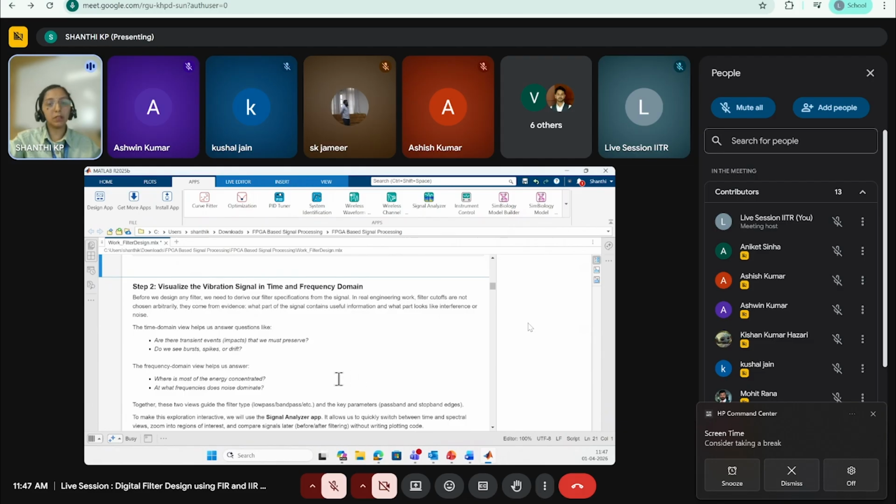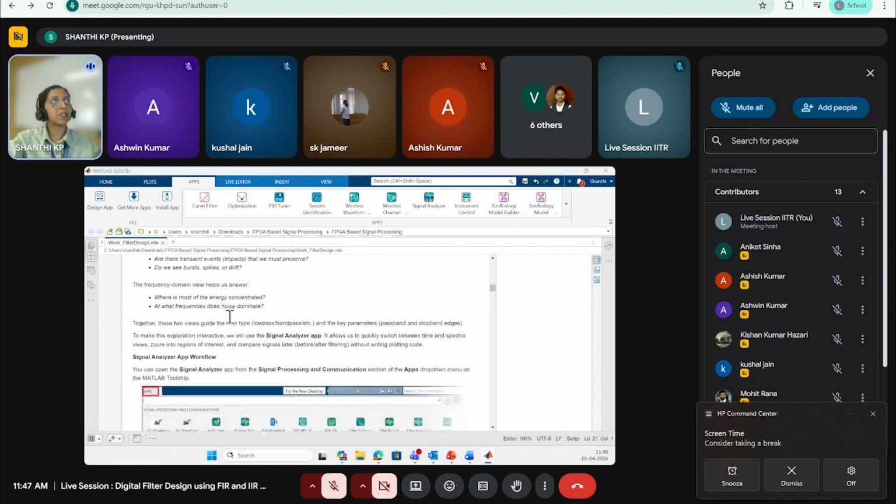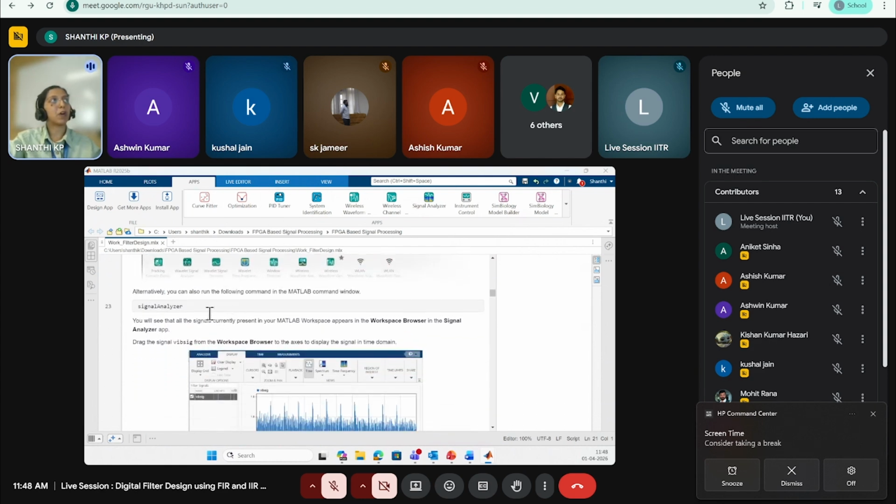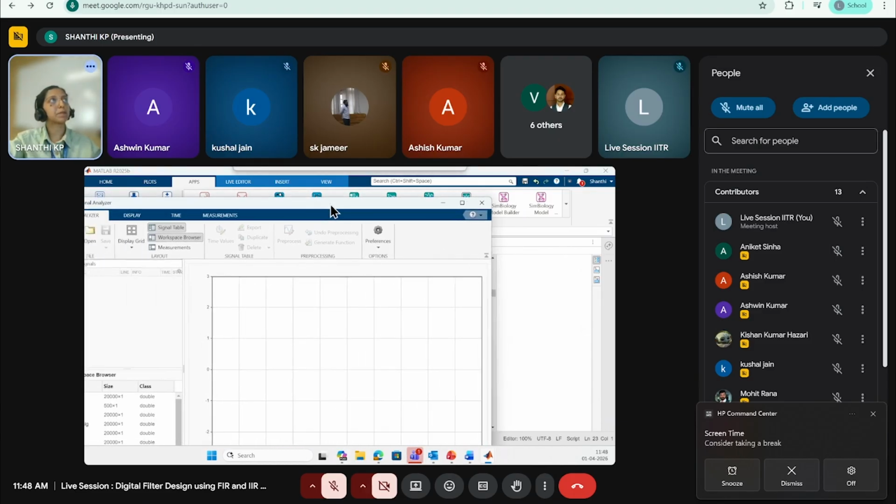You can also launch the Signal Analyzer using a command. You can just type signalAnalyzer in the live script or command window, which I'm highlighting here. Executing this line of code will also open the Signal Analyzer app.